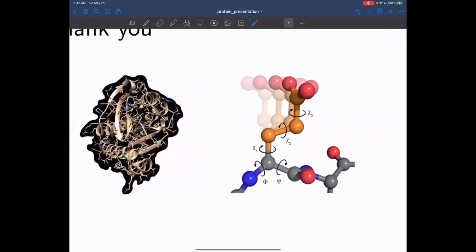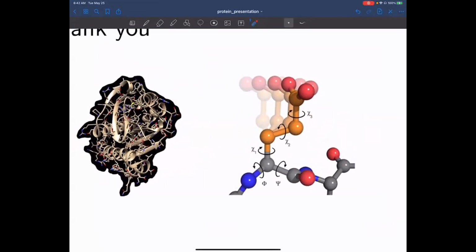So in this last picture, you can see this is trying to rotate here. I should explain what these are. The black part is a backbone, maybe this is nitrogen, and this is an alpha carbon.